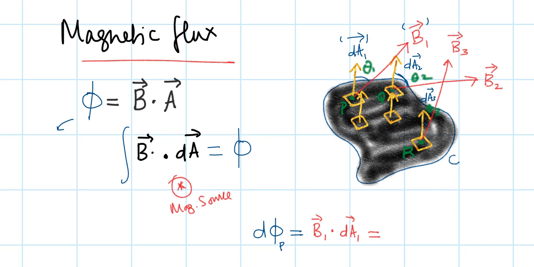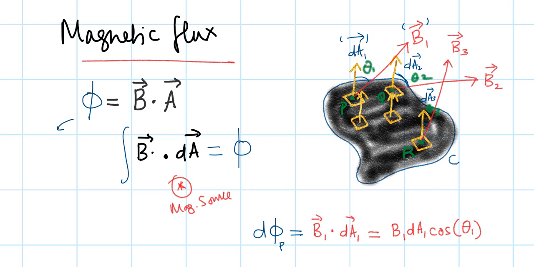A dot product is analyzed by multiplying the magnitudes of the vectors involved, B1 being the magnitude of vector B1 and dA1 the magnitude of vector dA1, times the cosine of the angle between them, which is theta 1.